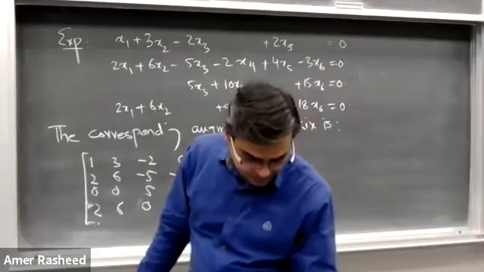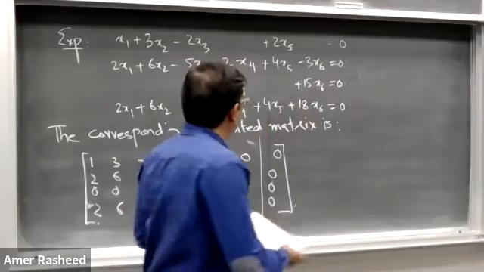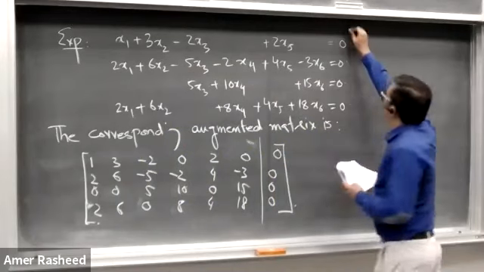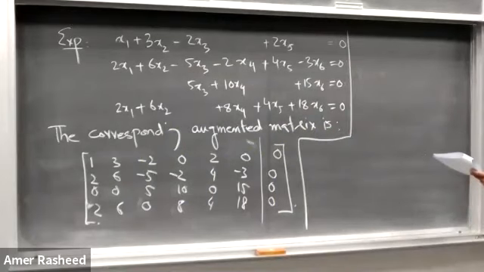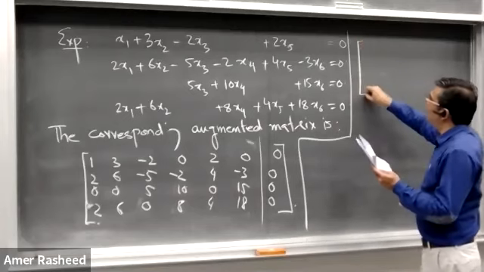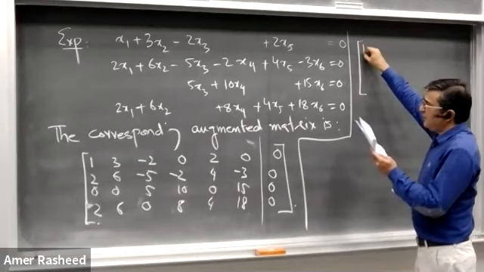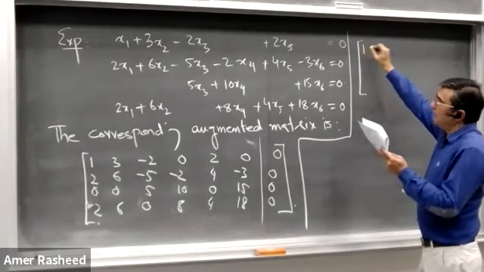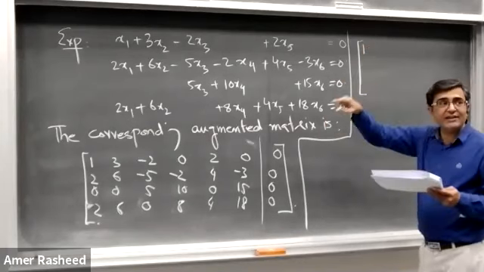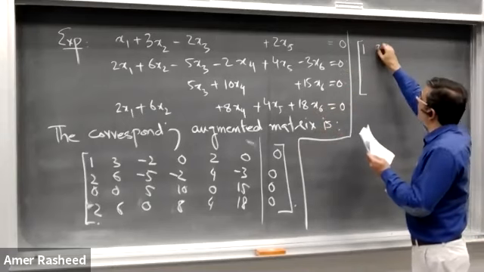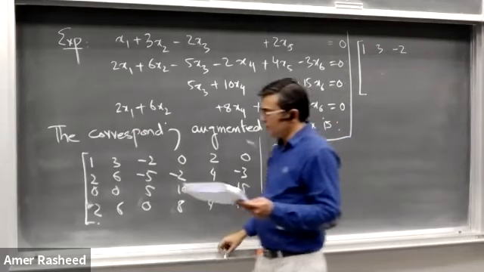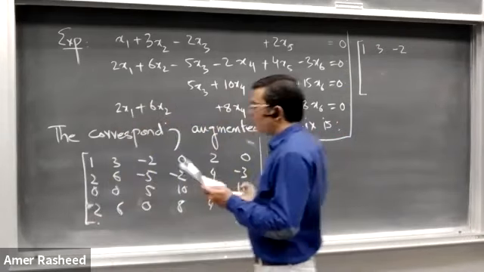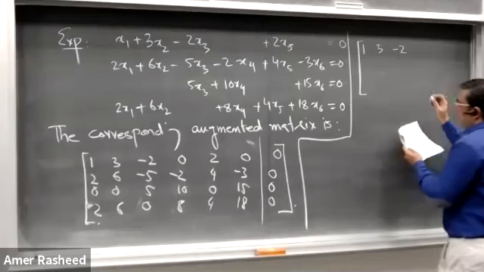Now, after applying a few operations, I have converted this matrix into echelon form. I'm going to write the echelon form of this matrix directly, and I hope you can understand that and convert this matrix into echelon form very easily.